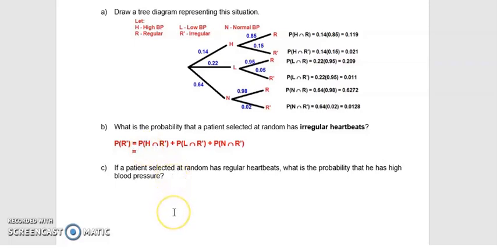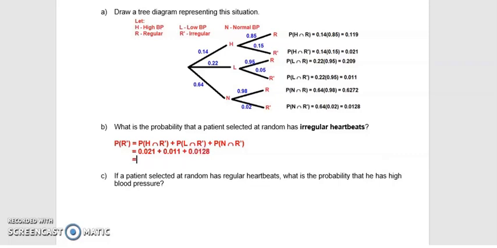So H intersect R prime is 0.021 plus L intersect R prime 0.011 plus N intersect R prime 0.0128. The probability is 0.0448.